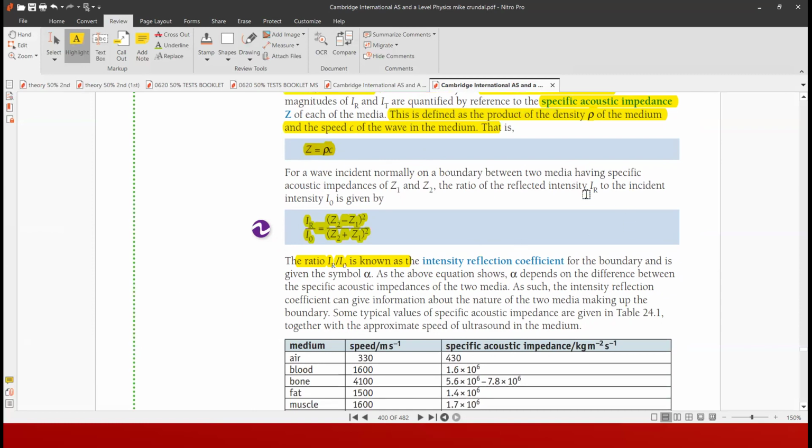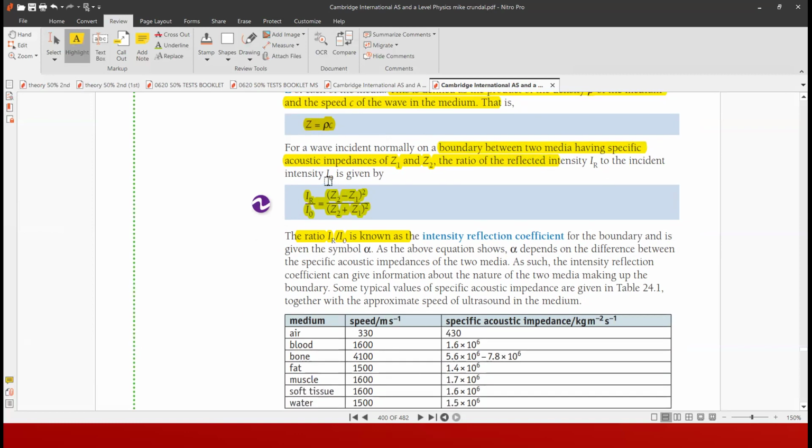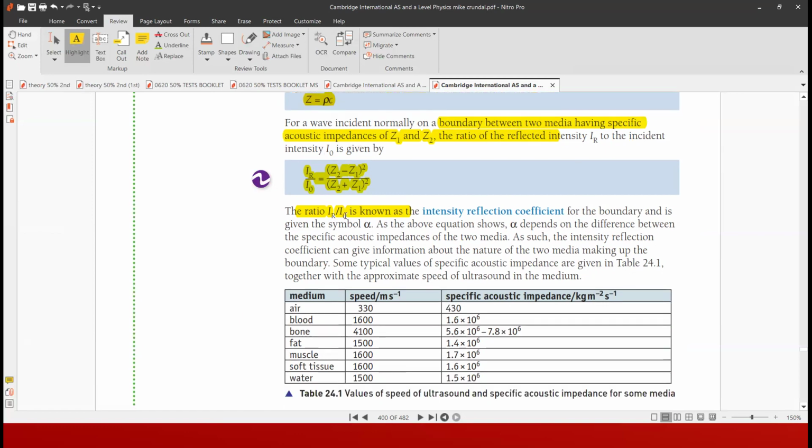For a wave incident normally on a boundary between two media having specific acoustic impedances Z1 and Z2, the ratio of the reflected intensity to the incident intensity is given as this.